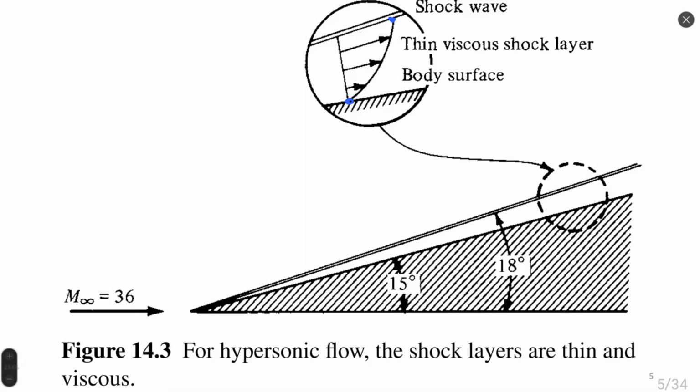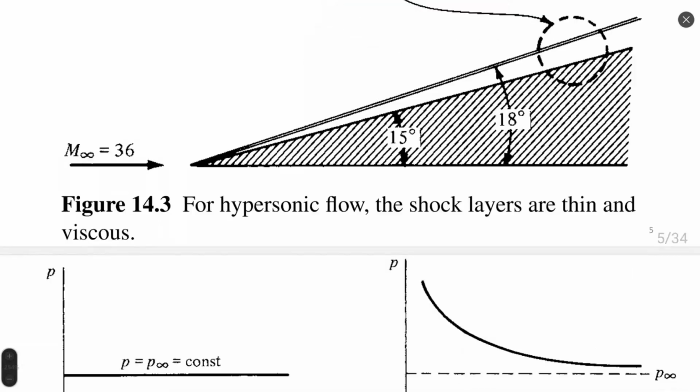So the shock wave is constantly attached to this boundary layer. Huge transformations happen in this shock layer. Flow velocity changes from very high to practically zero, and in this layer, most of the energy is transformed to thermal energy.